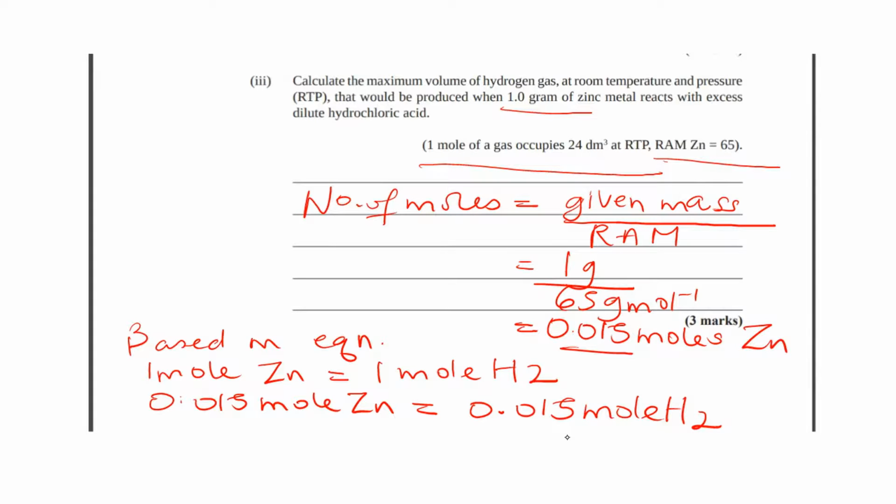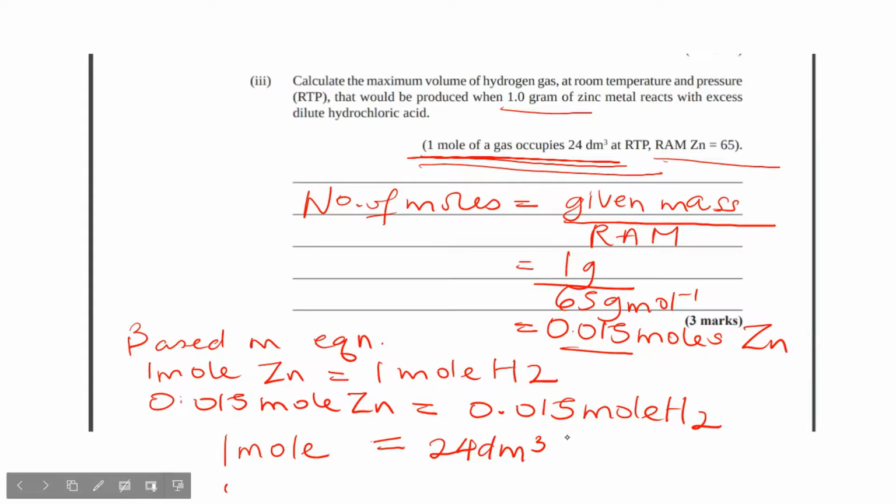So what's the next step? Remember that they gave us this? Remember this? Right? So if 1 mole of gas at RTP occupies 24 dm cube, what does 0.015 mole occupy?